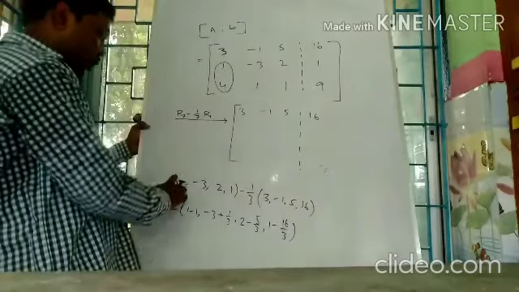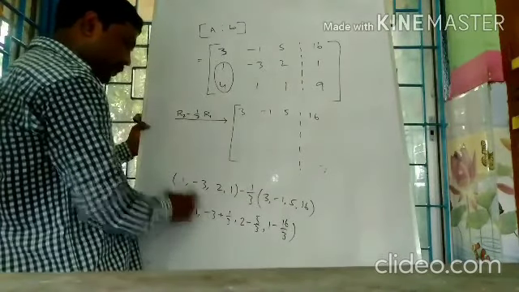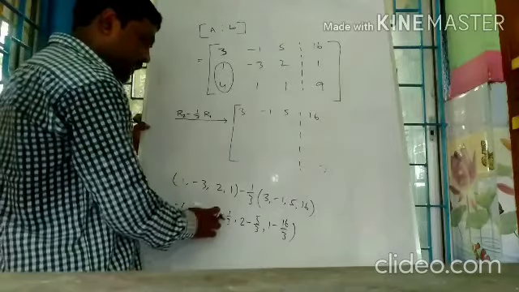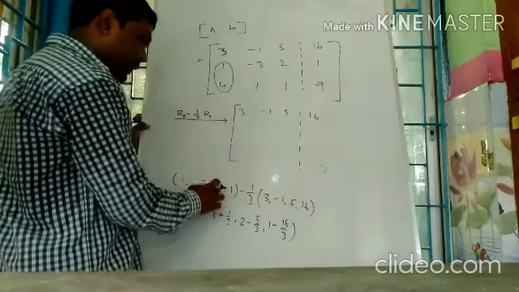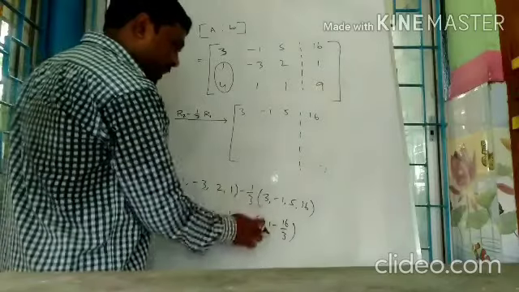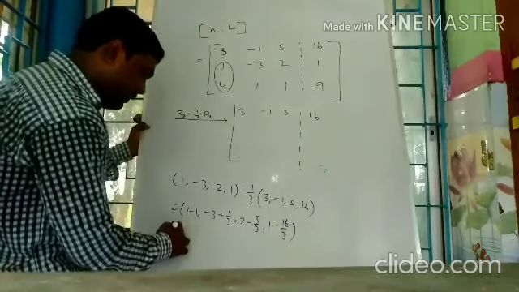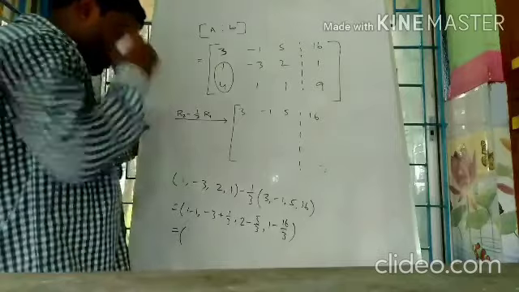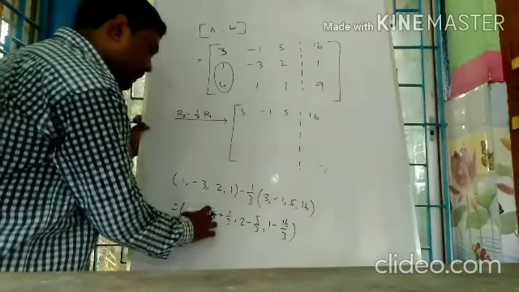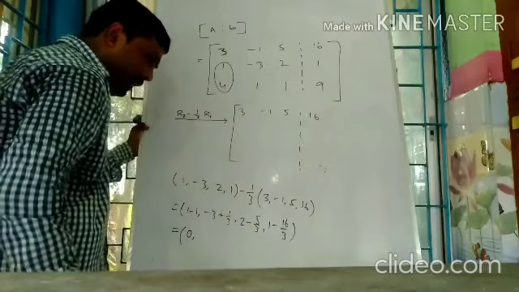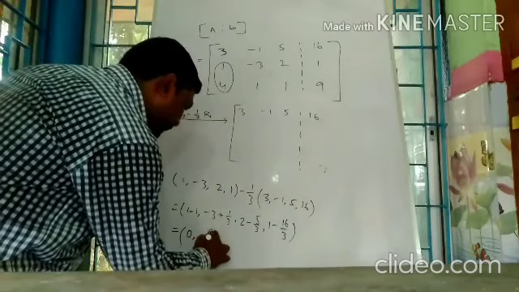Now 1 minus 3 by 3, that is 1, so 1 minus 1 is 0. Next minus 3 plus 1 by 3, it is minus 8 by 3.